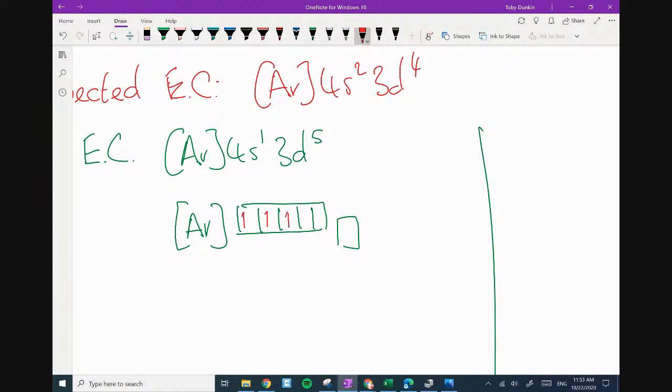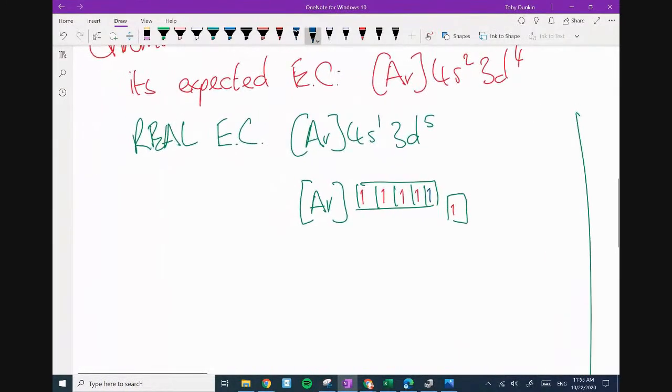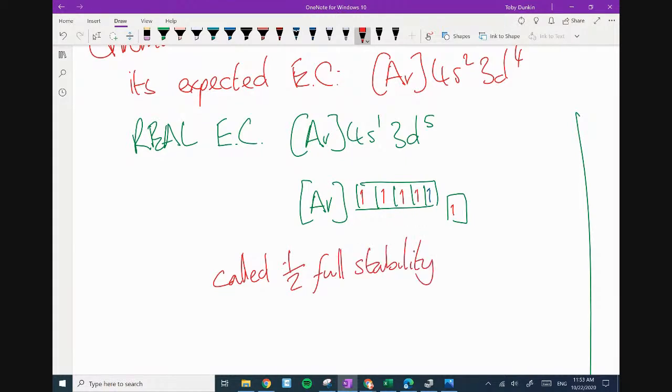Originally it looked like this, and then one of the electrons has been promoted into that box there, and we've now got half full stability. It's because there's no more electron-electron repulsion in that orbital. This is called half full stability.